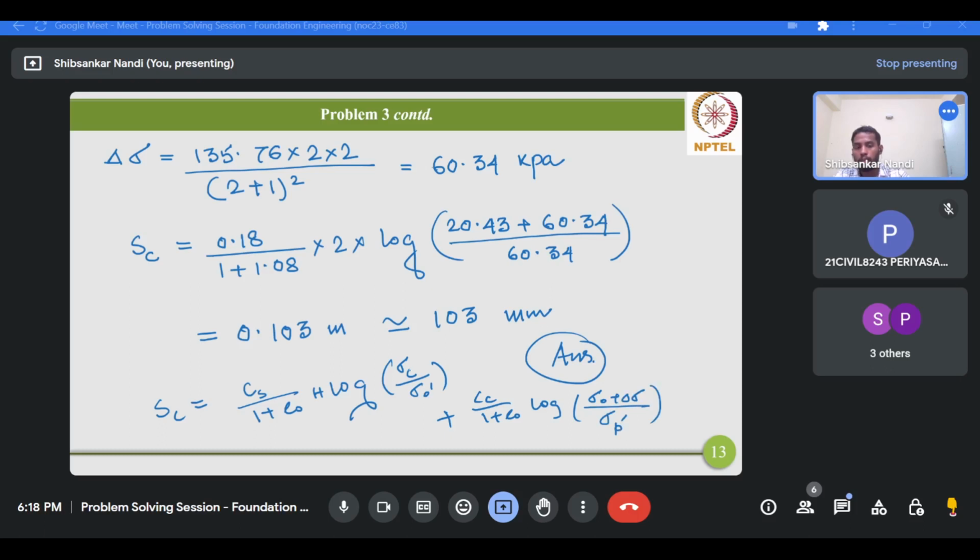It will be better to write it as sigma p. Now what is sigma p? This is the pre-consolidation pressure. Pre-consolidation pressure means the past maximum pressure which was experienced by the soil mass.